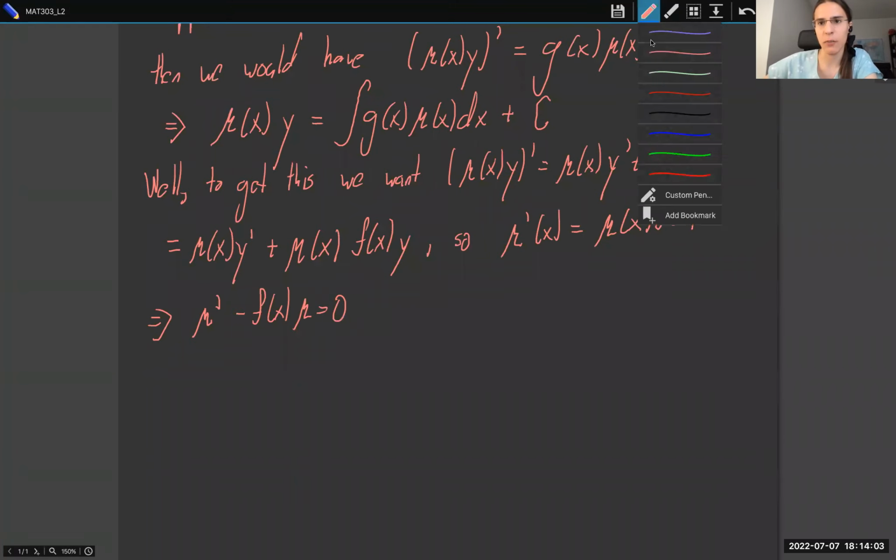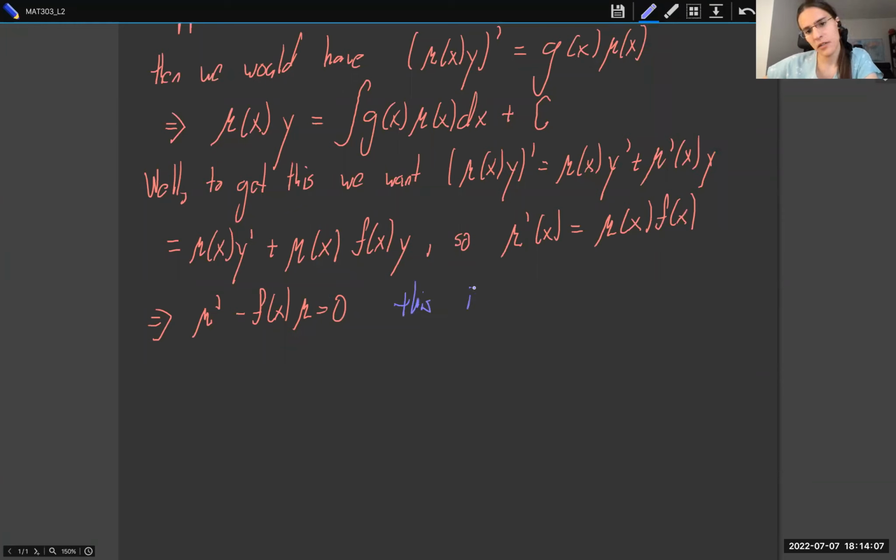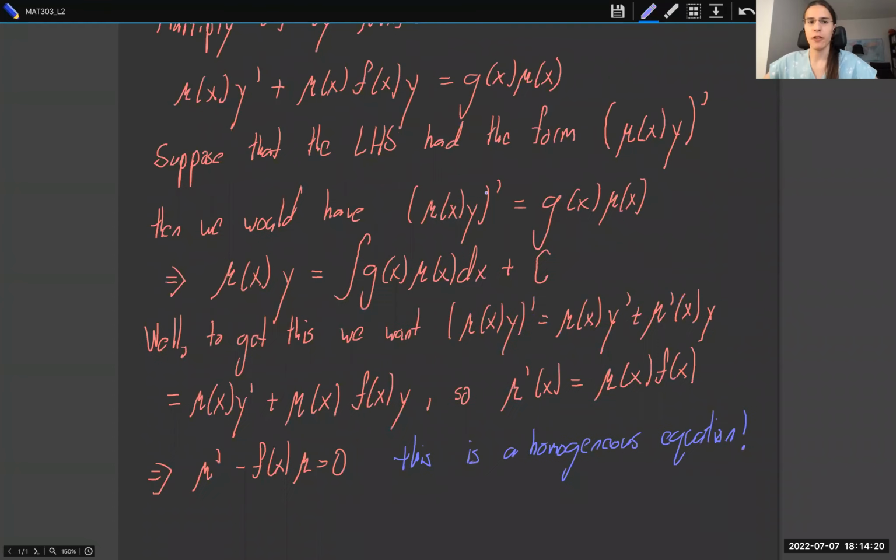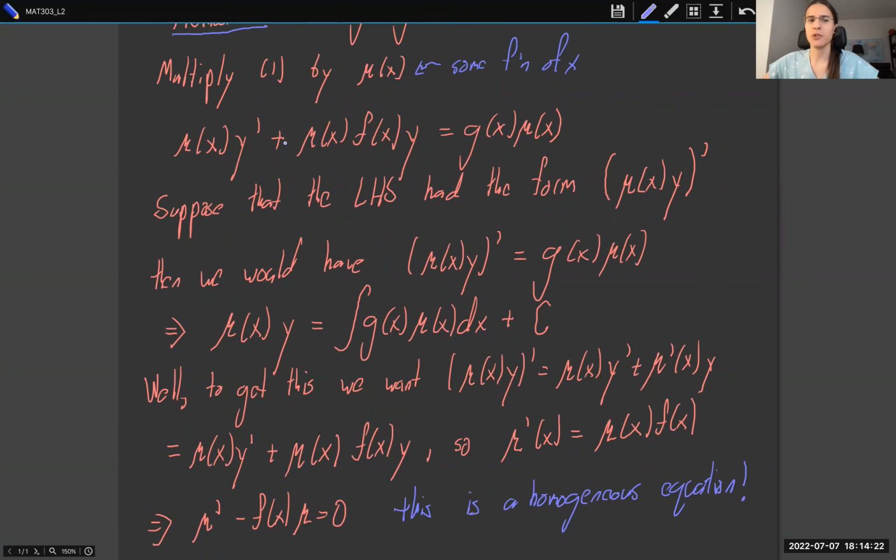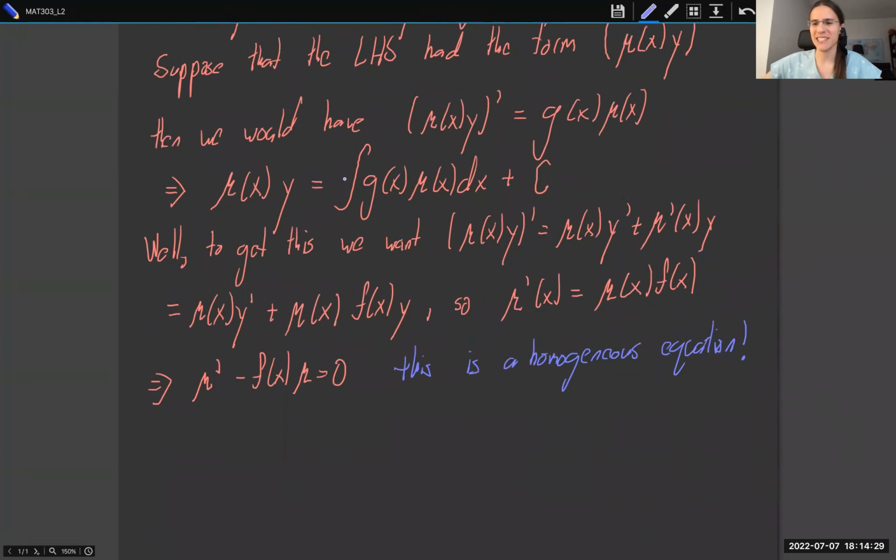And this is a homogeneous equation. So this trick, you wouldn't come up with it yourself. But if you just remember the idea of multiplying by mu and getting a chain rule factorization, then this is what comes up naturally.